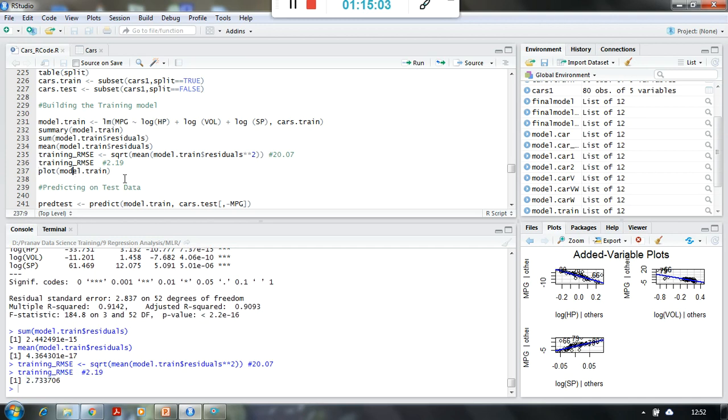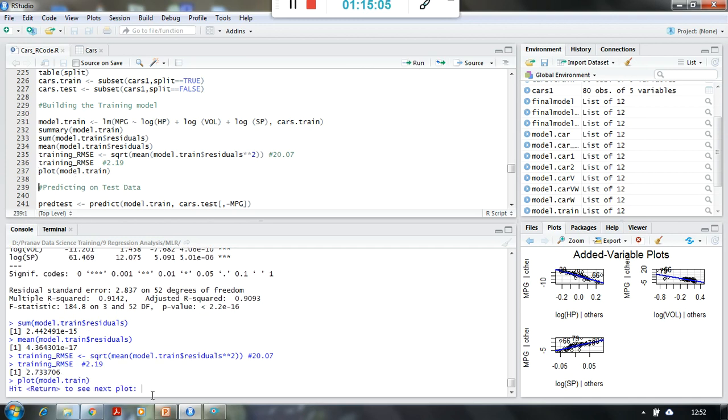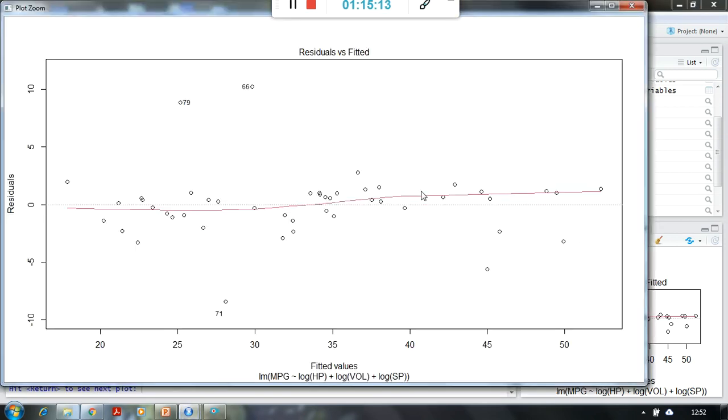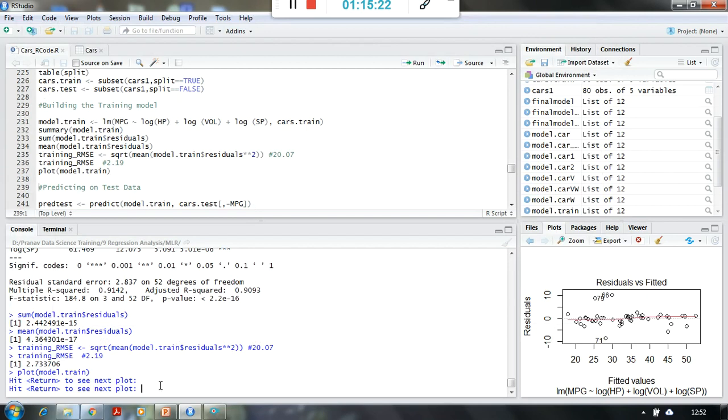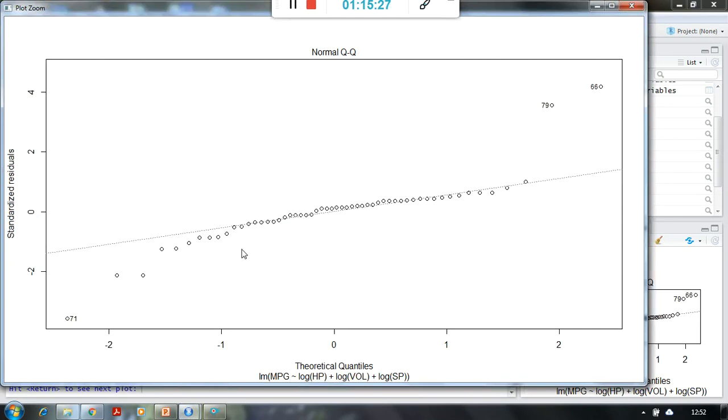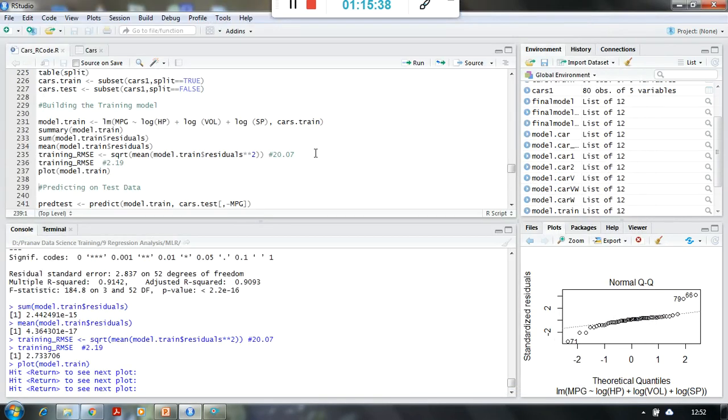And I can have a plot for this model, which is model.train, and you see over here they are identically distributed, all my errors except these two and probably one or two more. Now the second plot is the QQ plot to check the normality, and look at that, except these two values and maybe a third, almost more than 90% of my errors are on the line or close to the line.